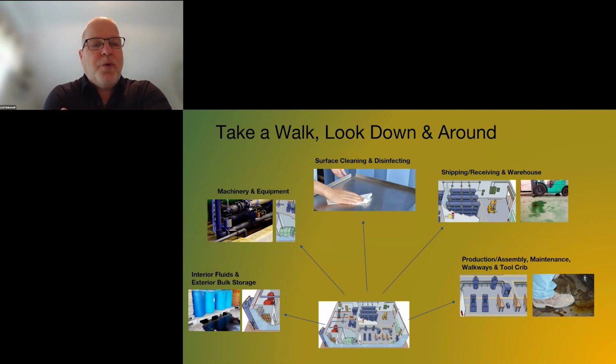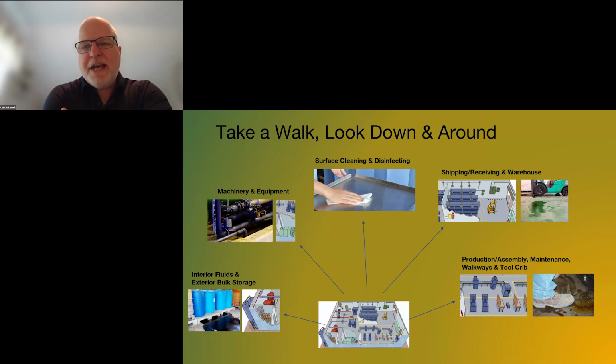Around machinery and equipment, again, for areas where there could be leaks or overspray. Surface cleaning and disinfecting. Disinfecting less, but surface cleaning or keeping surfaces clean. You can use sorbents for that. A lot of times for machine wipe downs, sorbents are used because they're very durable and you can use one to cover a lot of area.